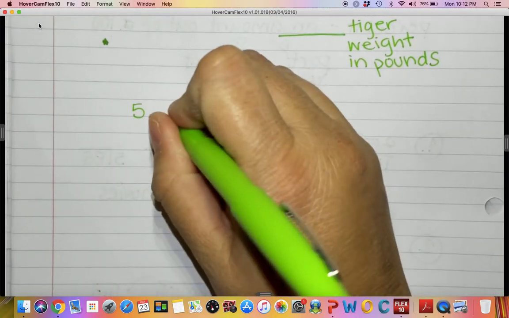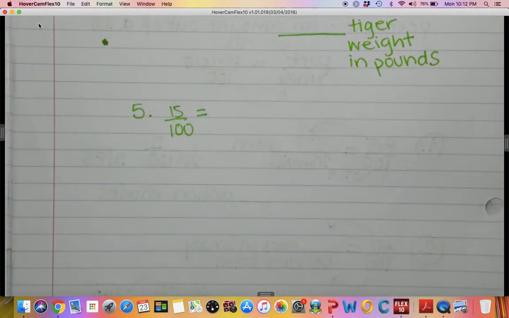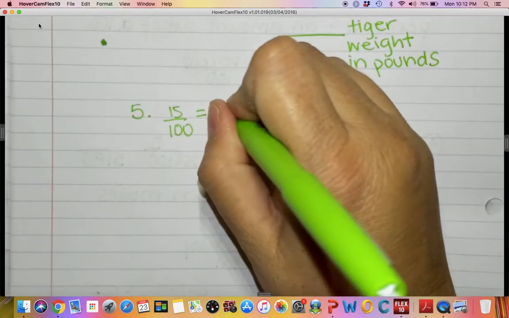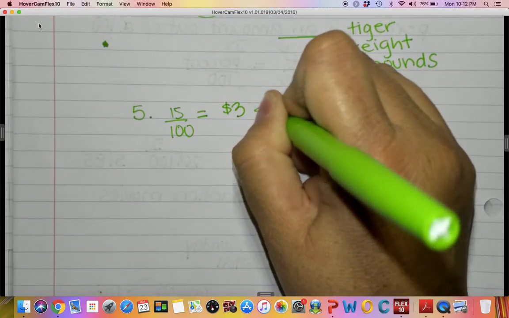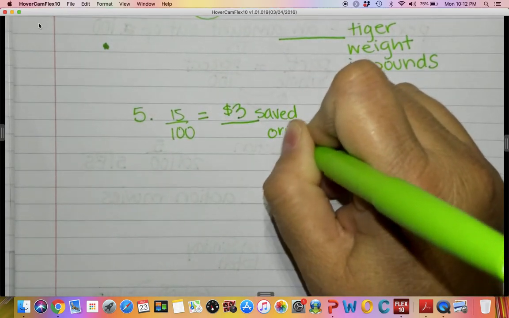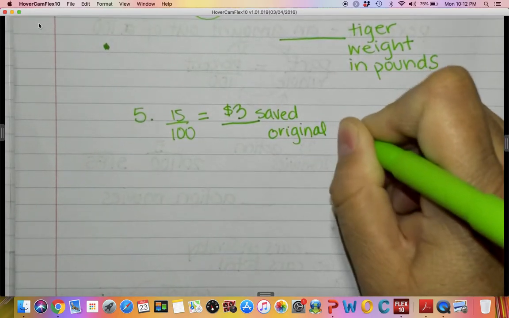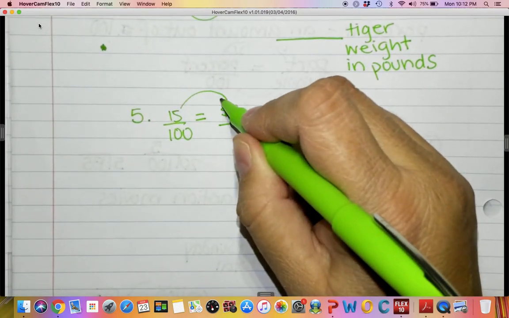It was 15%. And she saved $3 out of the original price. So what do I do to 15 to get 3?